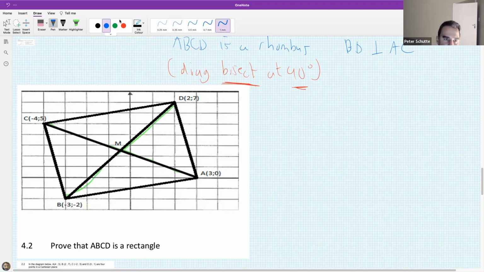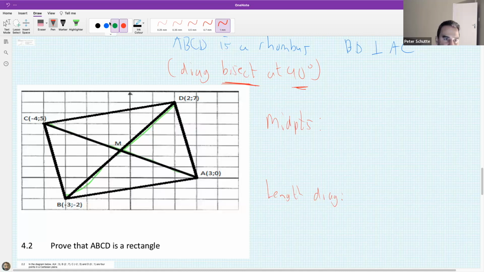The first thing you're going to find is the midpoints to prove it's a parallelogram. And then you are going to find the length of the diagonals. And then after we found that, we can make a comment about whether we think it's a rectangle.